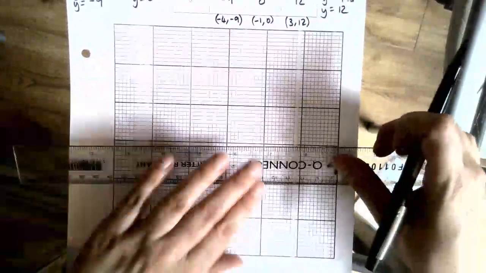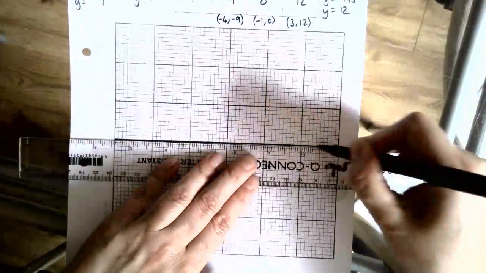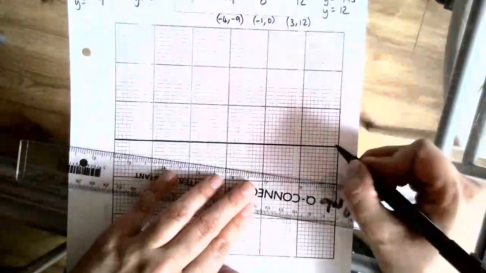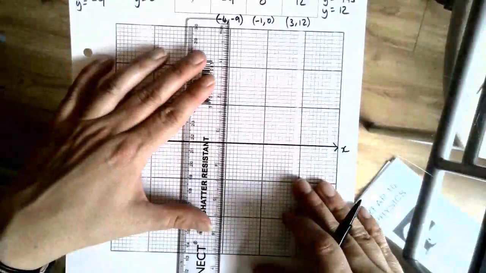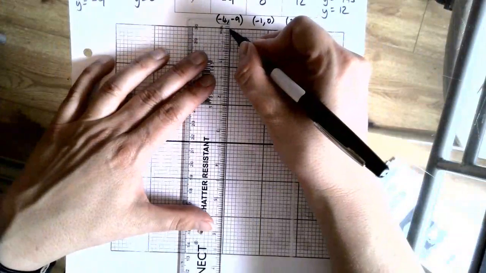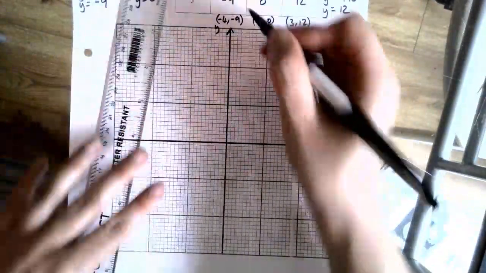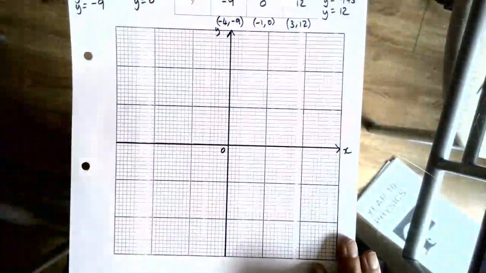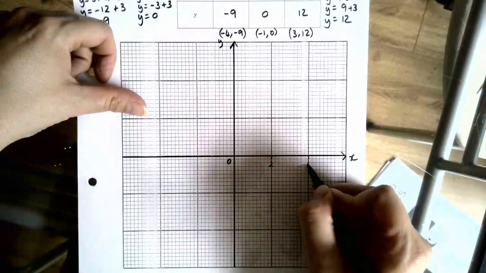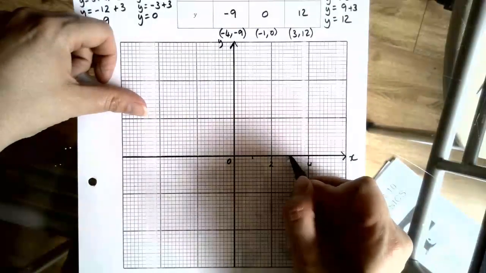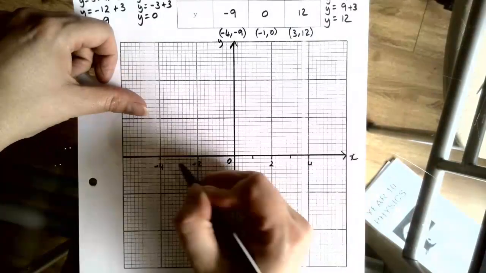So I'm going to draw my x-axis in here. Okay, again, you're using pencil. And I'm going to do my y up this way. So 0, 0 in the middle. And we said we were going to go in 2's here. So 2, 4, and I'll mark on where 1 and 3 is. Minus 2, minus 4.